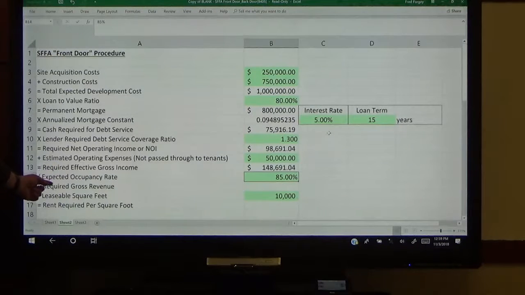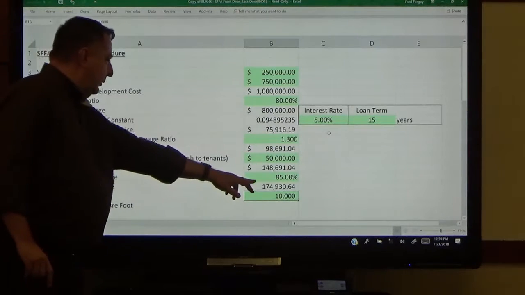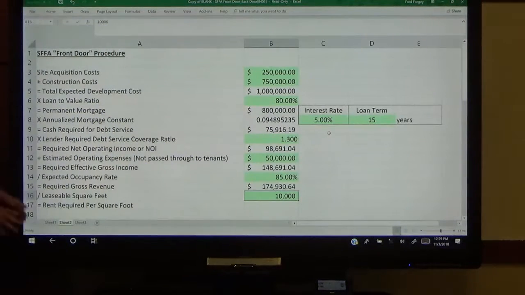Then from there, we say, what is our expected occupancy rate for this property? In this case, it should be pretty good, about 85%. So we take our effective gross income and divide it by 85%. That gives us the required gross revenue that the property would need to generate.